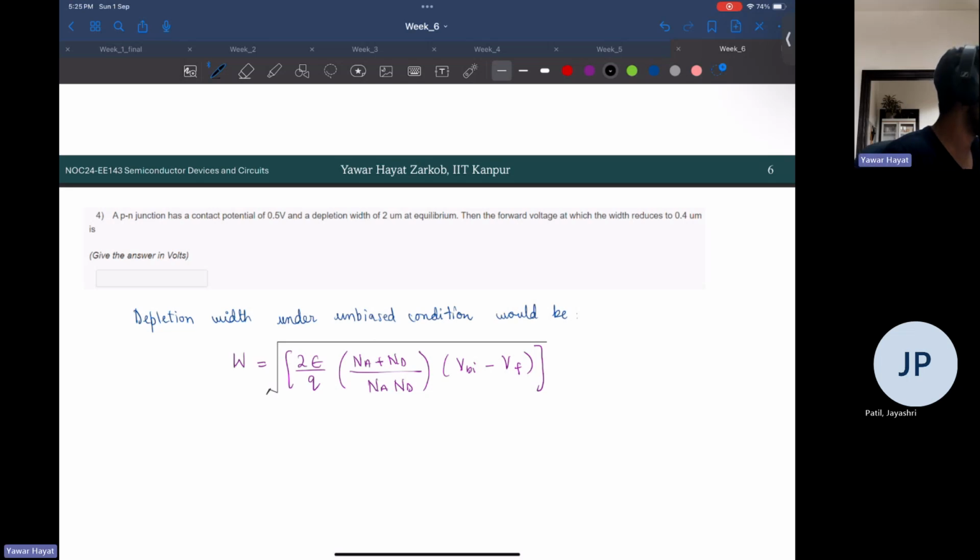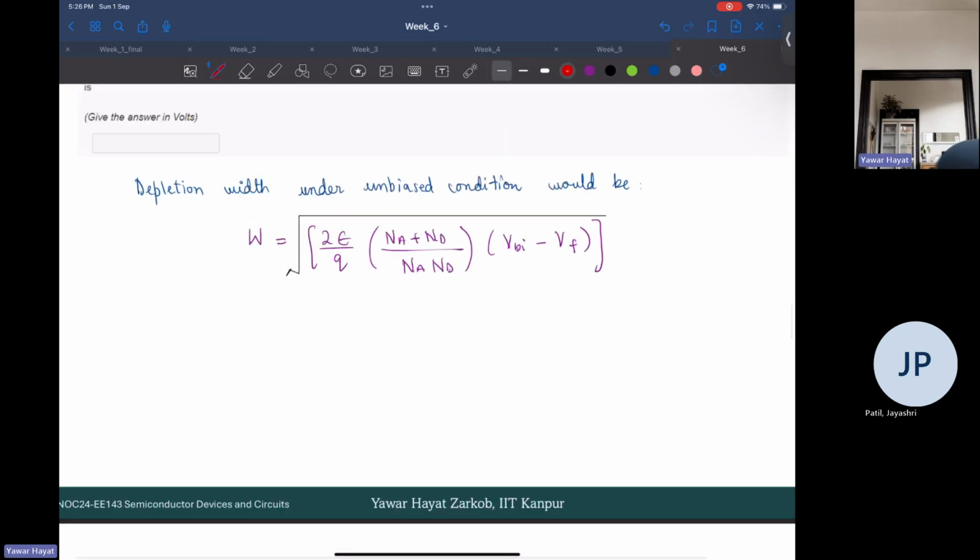Now, for constant doping concentration, your W would be proportional to the square root of VBI minus VF.